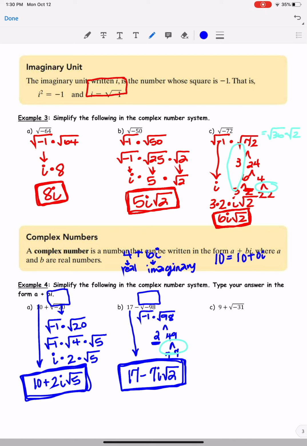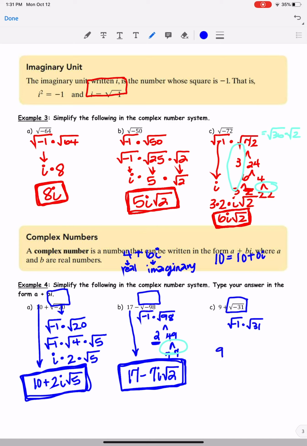And then C. I am focusing on this part here. So this is the square root of negative 1 times the square root of 31. 31 is a prime number. The only way to get to 31 is 1 times 31. So that means it can't be broken down at all.